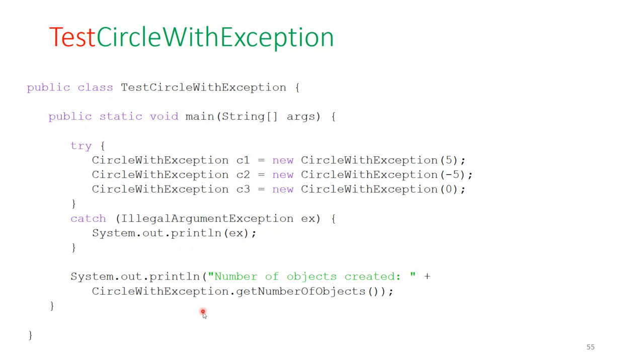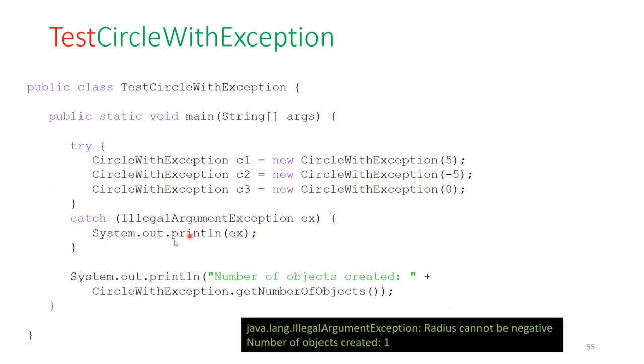After that try-catch block, print the number of objects created. Since we keep track of the number of objects created in that static attribute, it should tell us we did create one object successfully. Then we failed at creating the second, and because we failed with an exception, we skipped creating the third one.